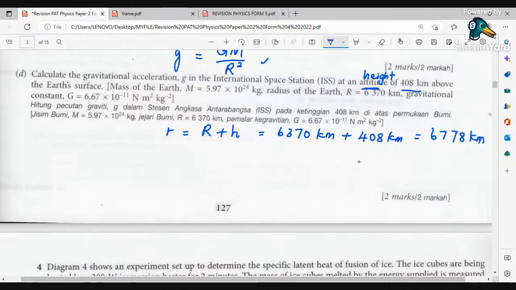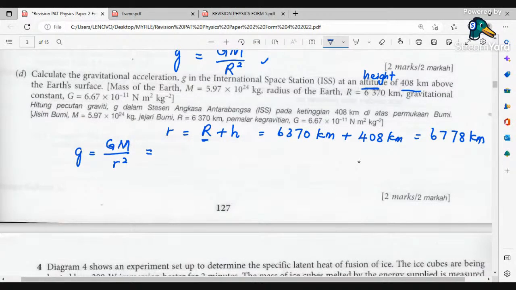Okay. So g equals GM divided by r squared. So this one I use small r because it is at a certain height from the Earth's surface. Kalau dekat Earth surface terus ambil radius of the Earth saja. Okay, gantikan.